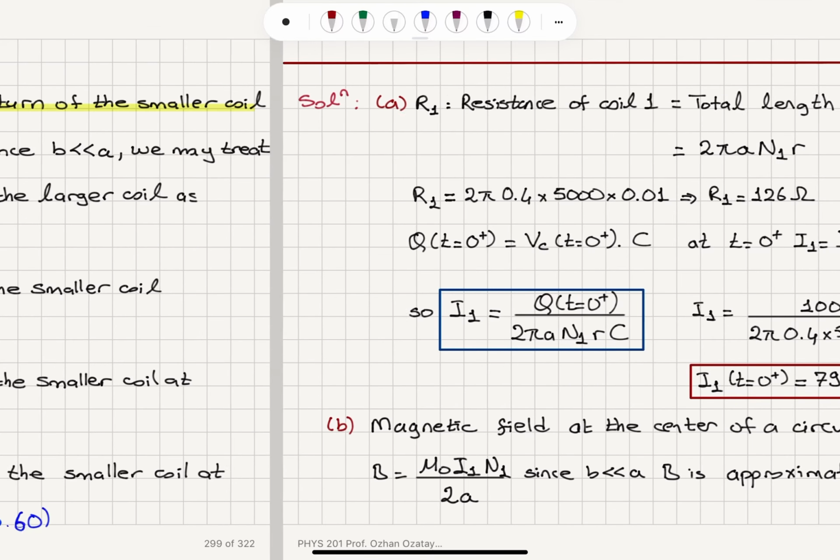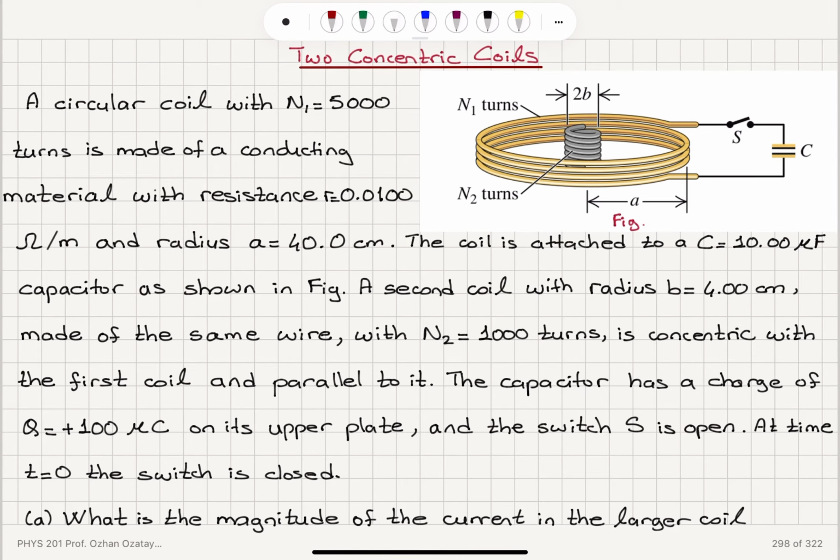So in this part, we've talked about what happens at t is equal to 0 plus when the capacitor is connected to the circuit, which was initially charged to 100 microcoulombs. And the capacitance was 10 microfarads.